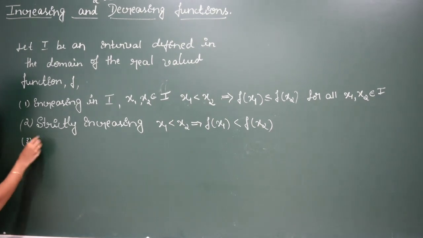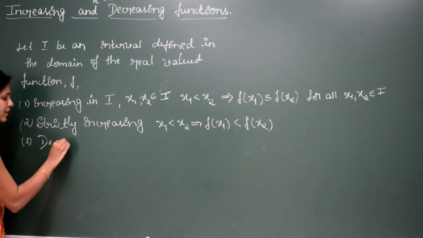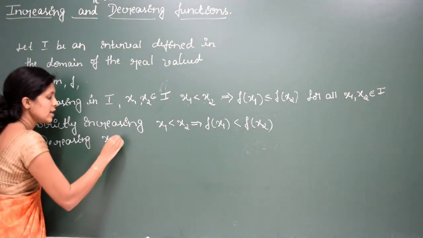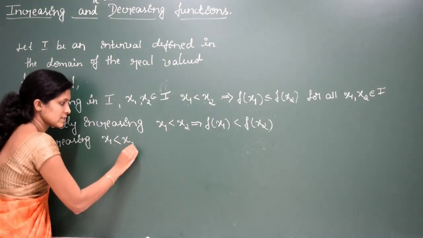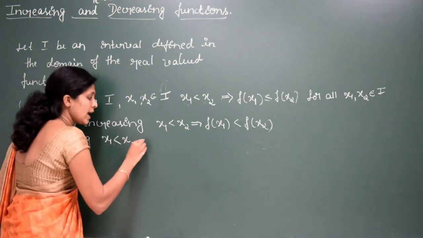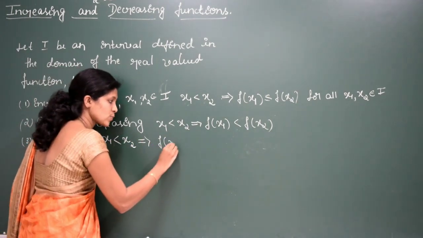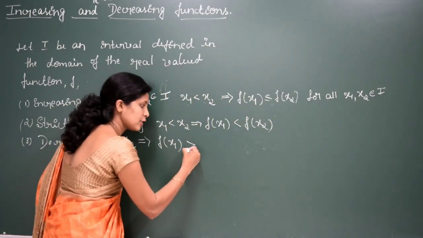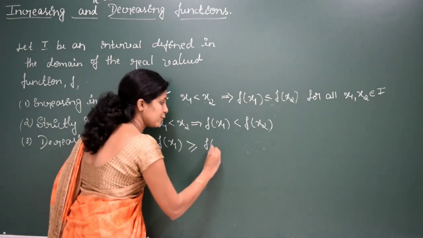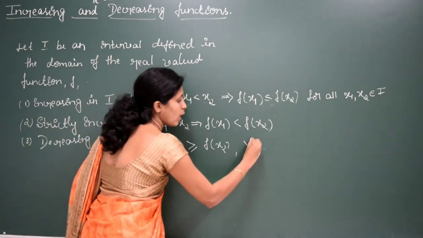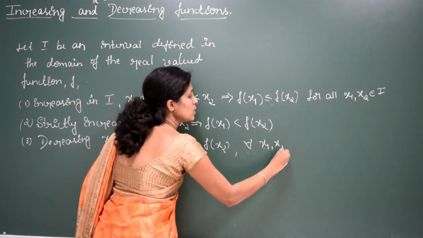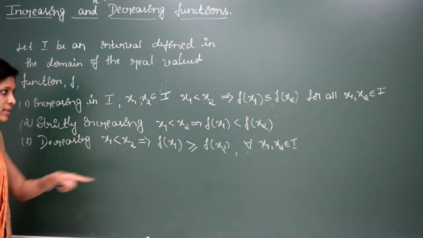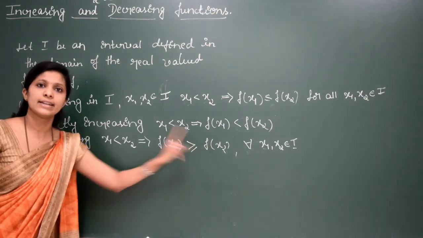Third one, to say the function is decreasing: if x1 is less than x2, obviously, right, it implies f of x1, here for the increasing it is less than or equal, for the decreasing it will be greater than or equal to f of x2 for all x1 and x2 belonging to I. For the strictly decreasing, obviously it will be strictly greater than f of x2.